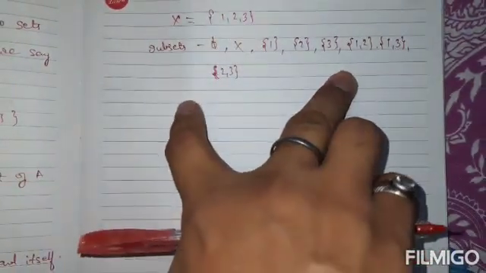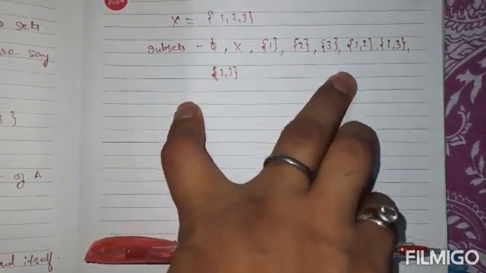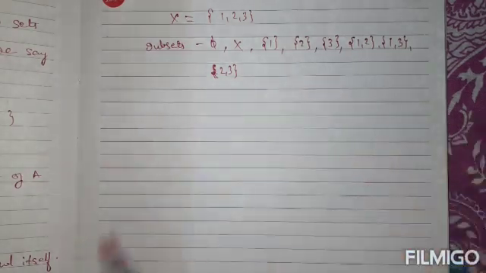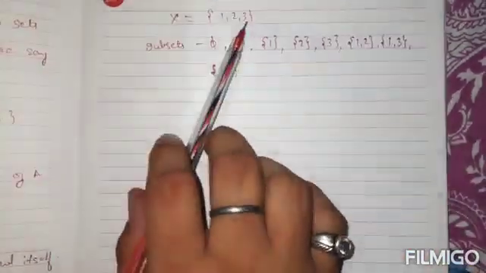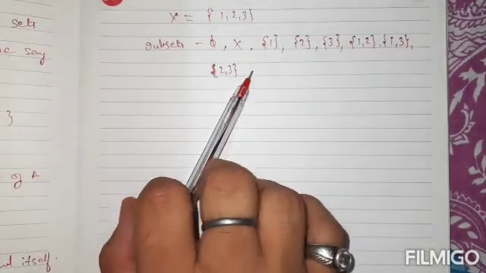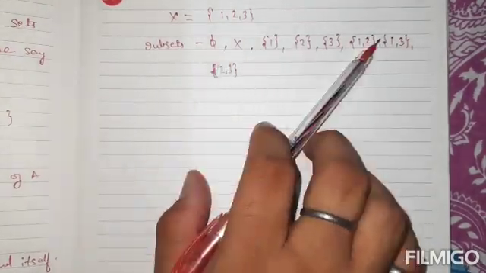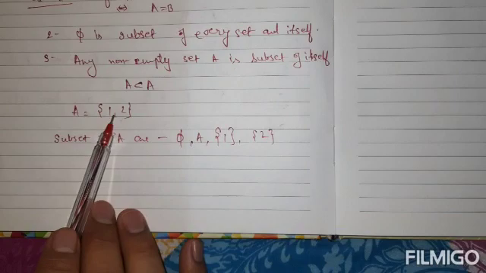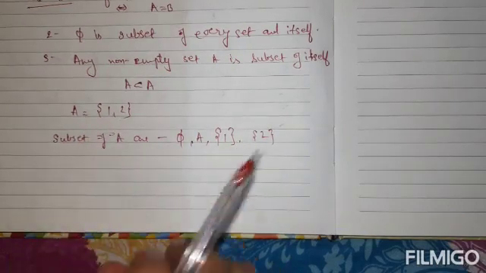So writing down the subsets of any given set is not very difficult, it is very easy. And see here, there are 3 elements in this set X, and the total number of subsets is 8. Here you can count them. And similarly, in set A there are 2 elements and its total subsets are 4. We can generalize this result.